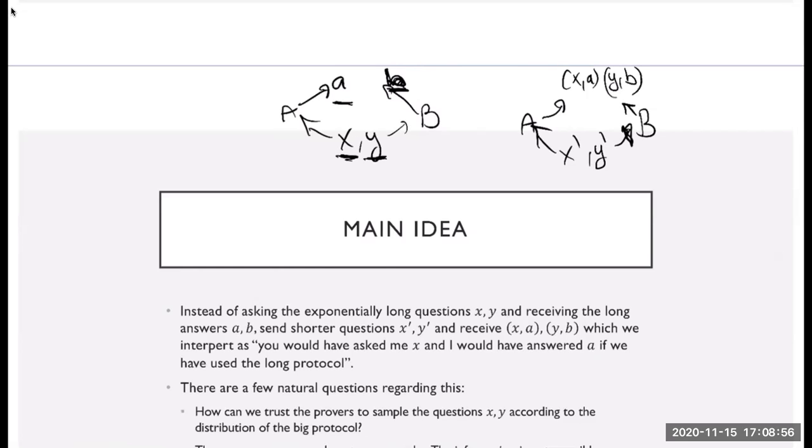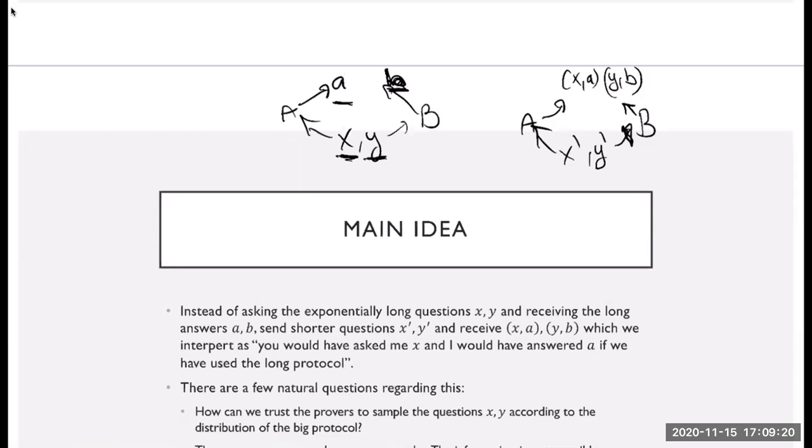The answers are even longer. If their previous answers were exponential, now I have a pair of exponential things. It's not much larger, asymptotically it's the same, but I enlarged the answers, and now at least the questions are short.